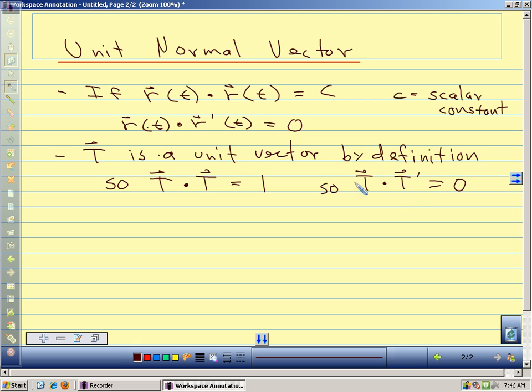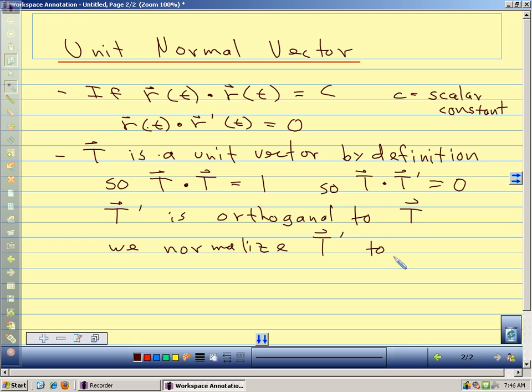And because the dot product is 0, that tells us that T prime is orthogonal to T. So we normalize T prime to get our unit normal vector.